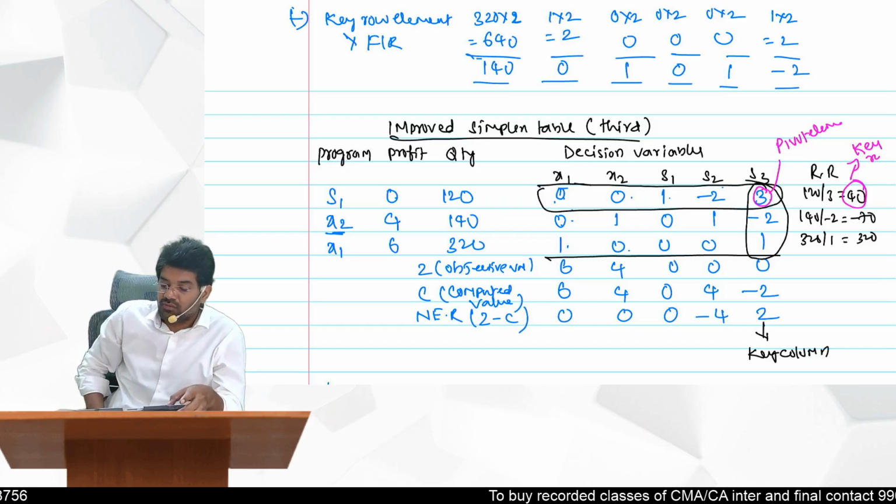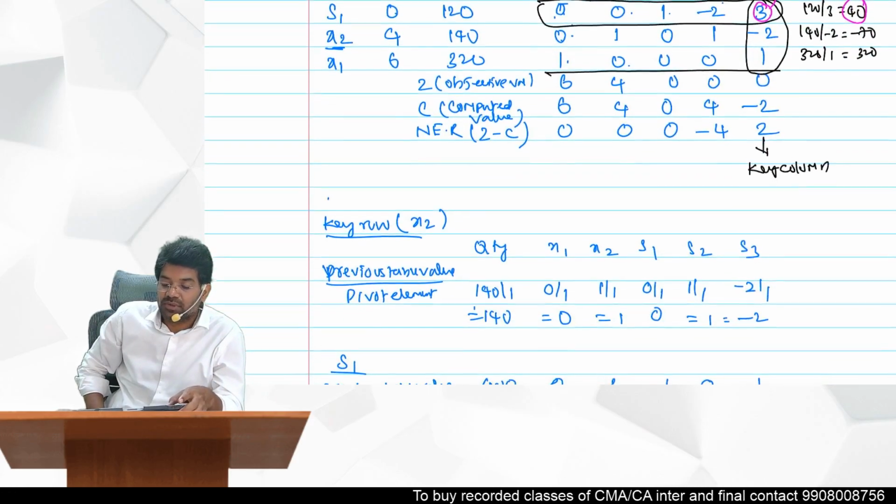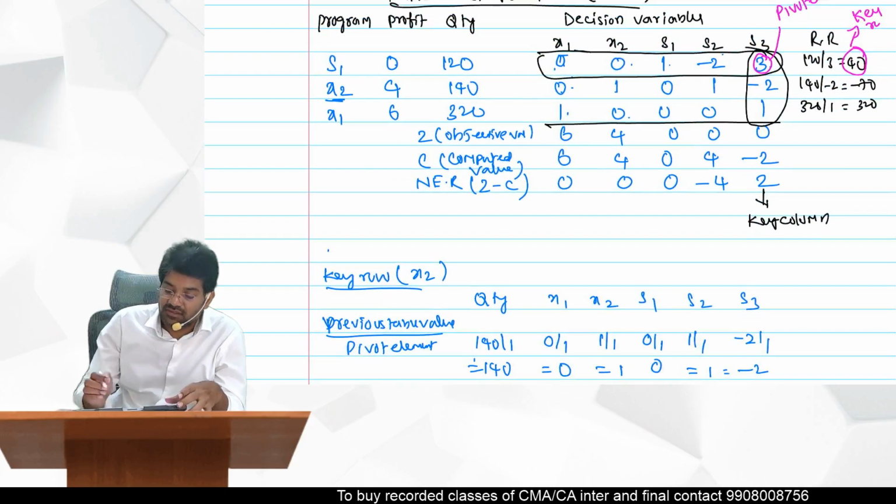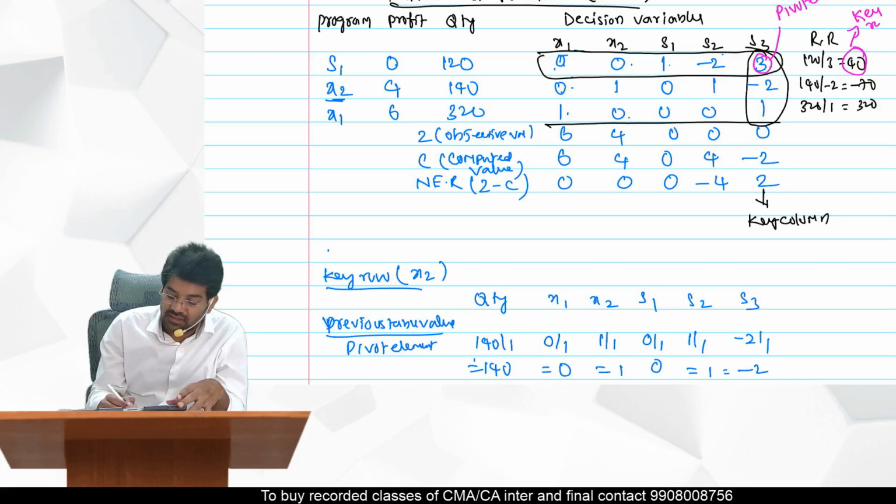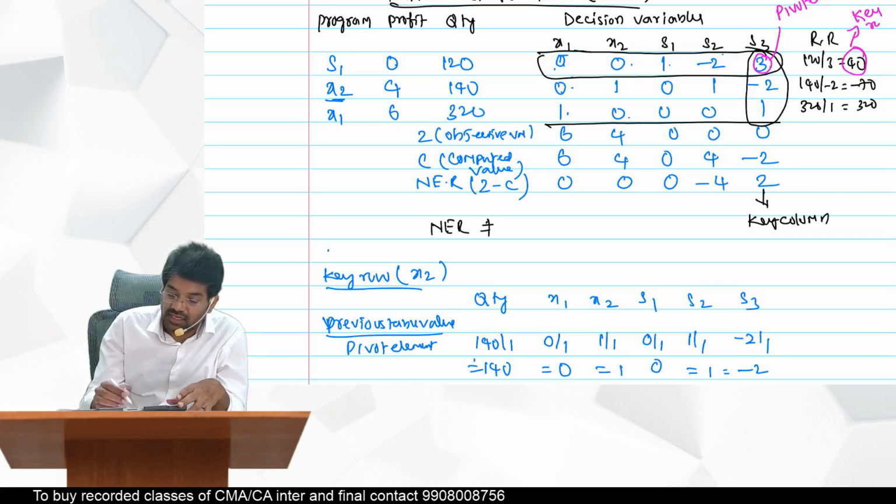So now again one more improvement table you should prepare. NER must be what?